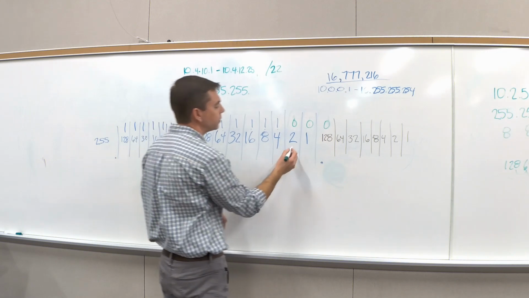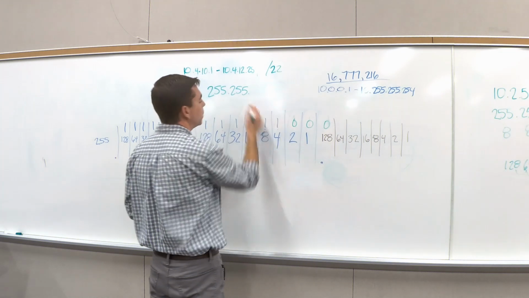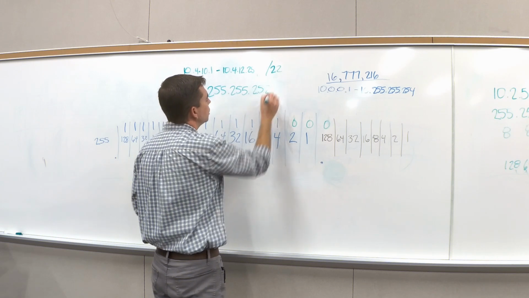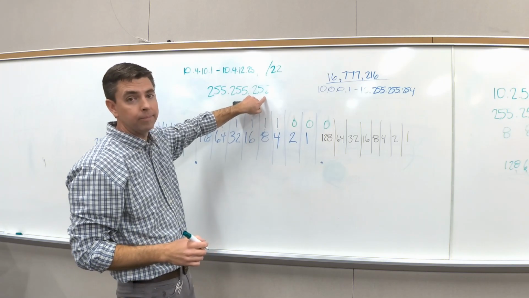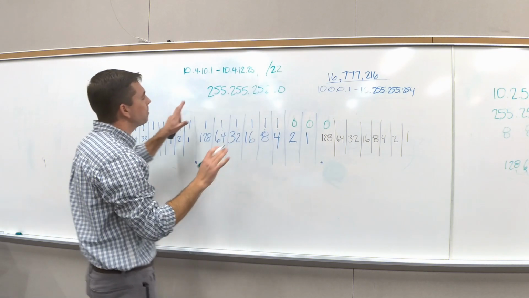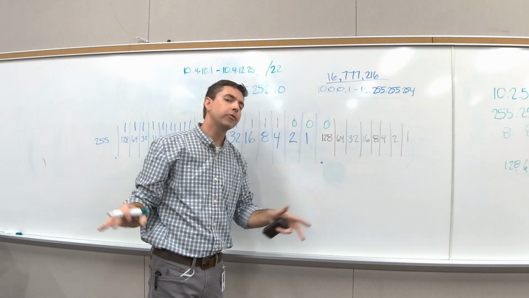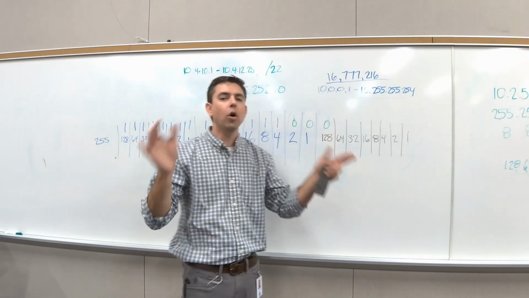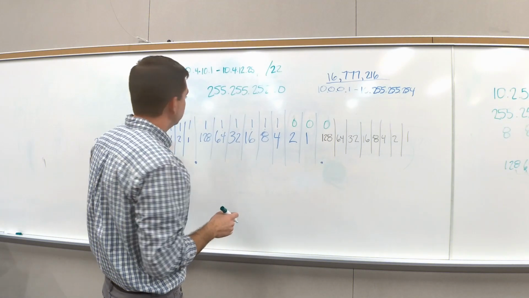So 255, take away 3, because you have 1 plus 2 that's been freed up. So 252. So that's what a 22-bit subnet mask would look like. And a mask, again, dot zero. And a subnet mask, again, it masks over the octets that are not available. In other words, do not use these things. It's like when you're spray painting, you mask over whatever you don't want to get spray paint on. And so the same is with the network.